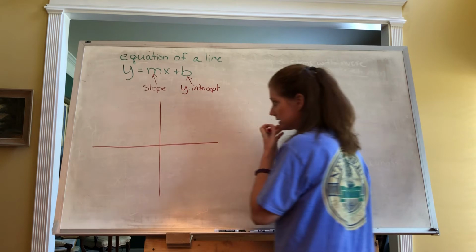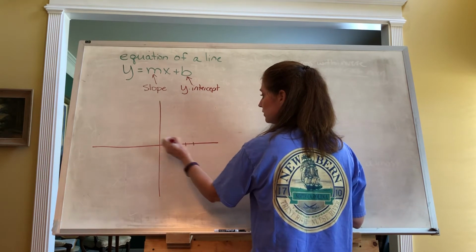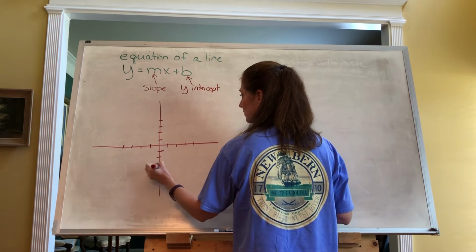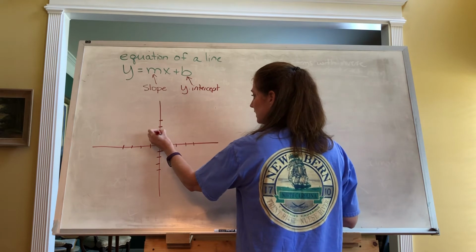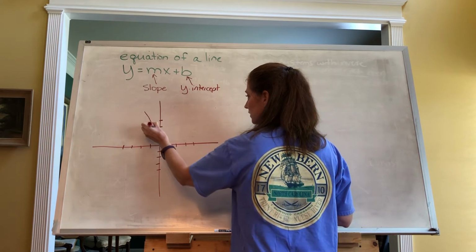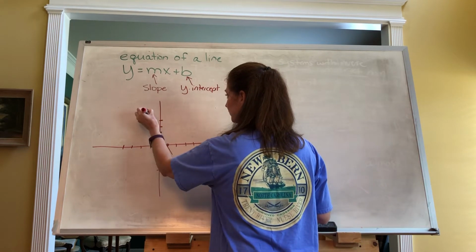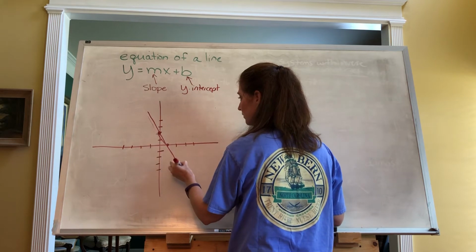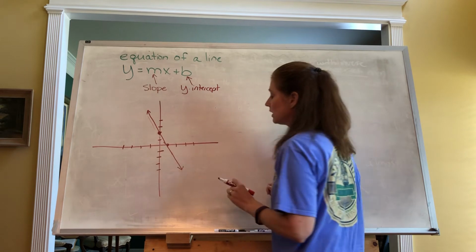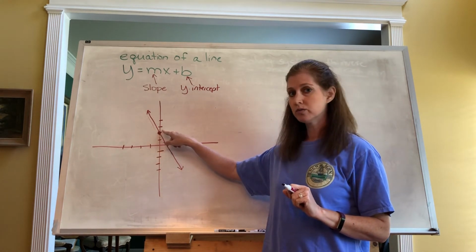So if this is my coordinates, 1, 2, 3, 4. If I have a line that comes through here, I didn't draw that very well, but here you can see that my y-intercept is 2.